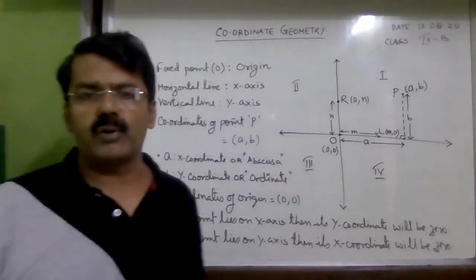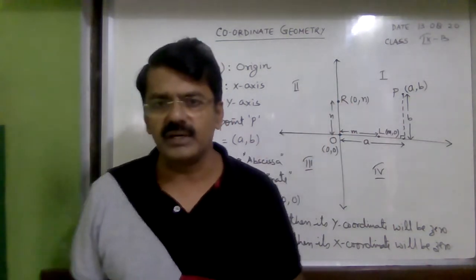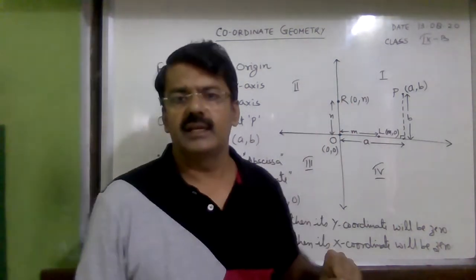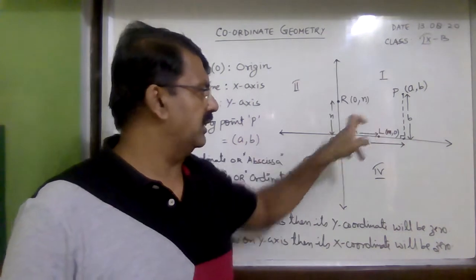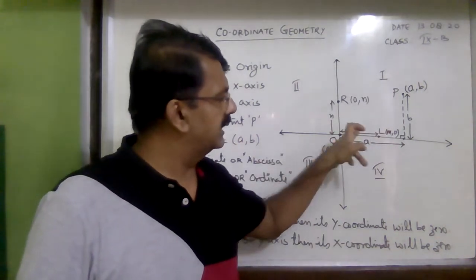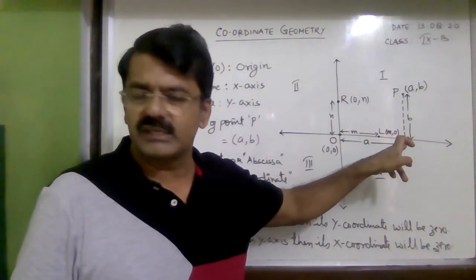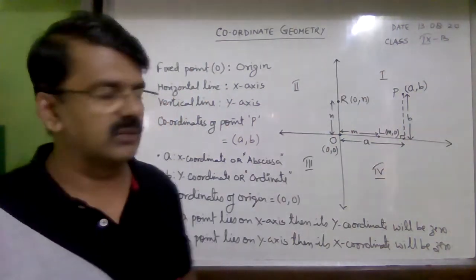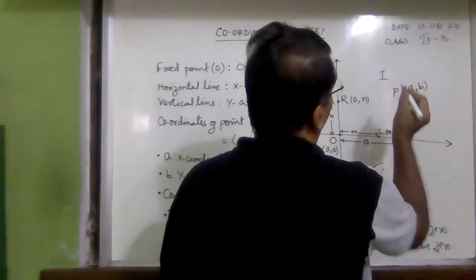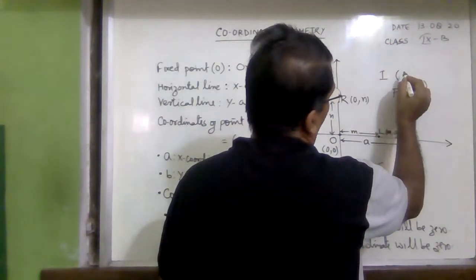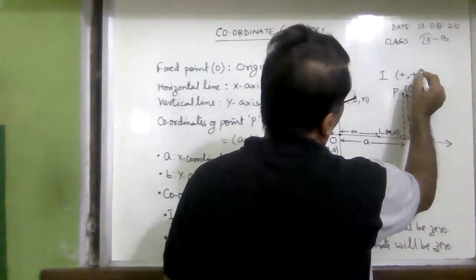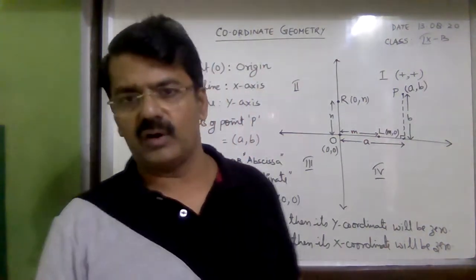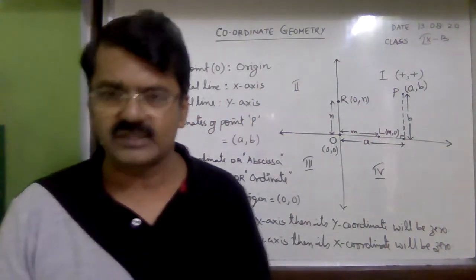Now, any point which lies in the first quadrant, you can see, for that, to reach that point, we have to move in the positive direction on the x-axis and in the positive direction along the y-axis also. That means the x coordinate as well as the y coordinate, both will be positive in first quadrant.